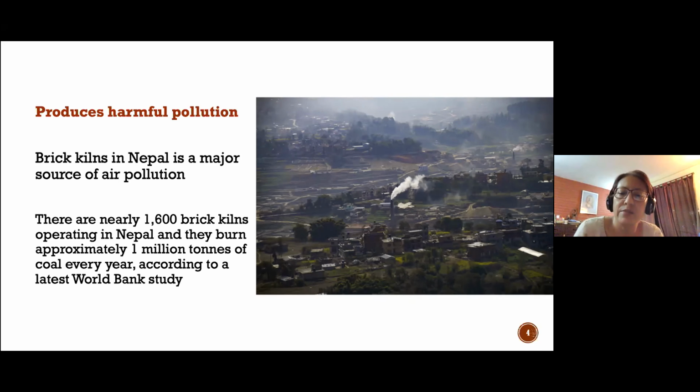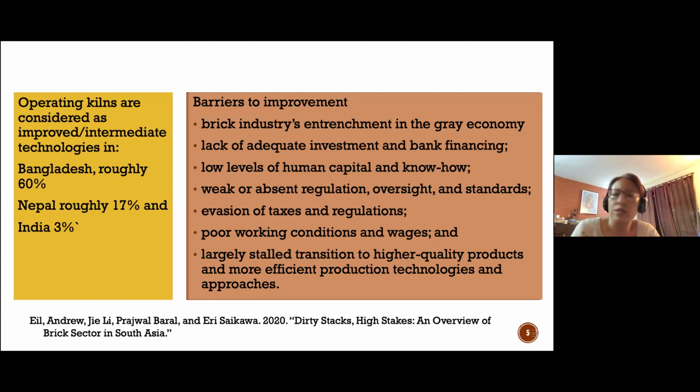This is a little bit of recent data. The World Bank did a study in Bangladesh, Nepal, and India, and most of the brick kilns operating in this part of the world are the traditional ones, without the improved technologies that lessen the air pollution.